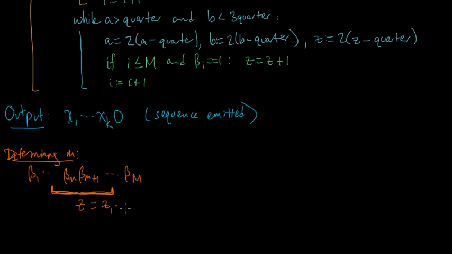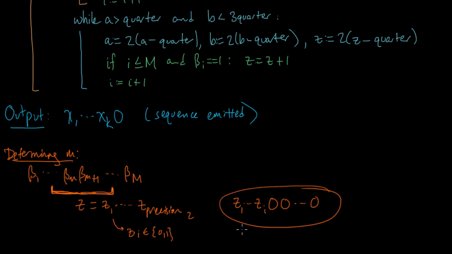So if z is z1 up to z precision at the end of the algorithm in binary, where each zi is a bit, then you're going to find the initial sequence z1 up to zj, and then zeros, so that the interval corresponding to this number is contained in the interval from a to b.